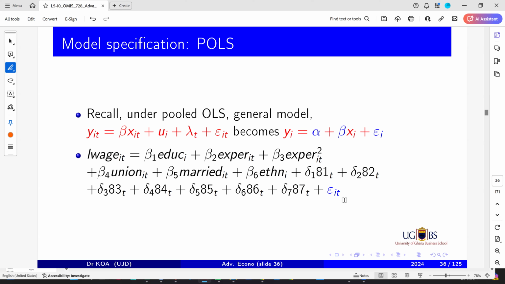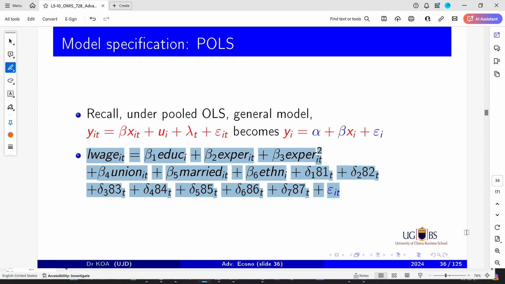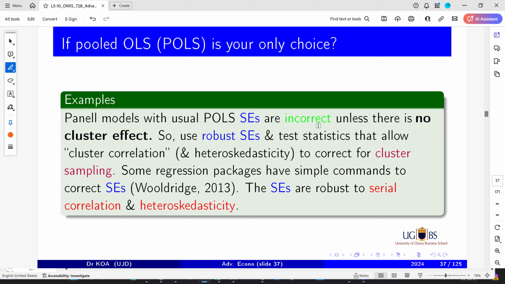We are not counting the time. We are not going to say that young man is the same young man. We're going to say that they are two different young people. That's the pooled OLS. So after formulating this model, we are going to write this model into the R, and then we'll see. We'll do that very soon.